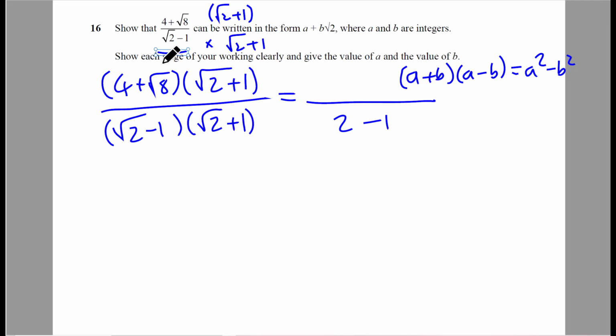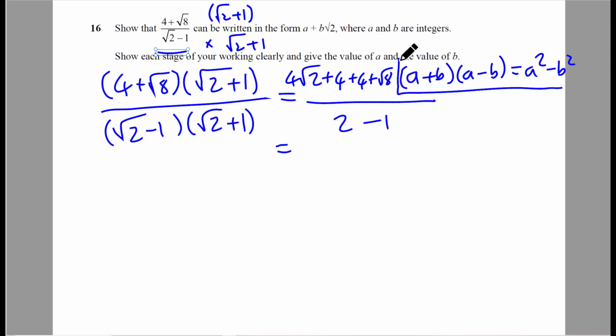Okay, I'm going to multiply it out. So you're going to get 4 root 2 here, 4 root 2 plus the 4. Now we're lucky here, root 8 times root 2 is root 16, so we're going to get another 4, plus 4 plus root 8. I'm going to simplify that nicely here.